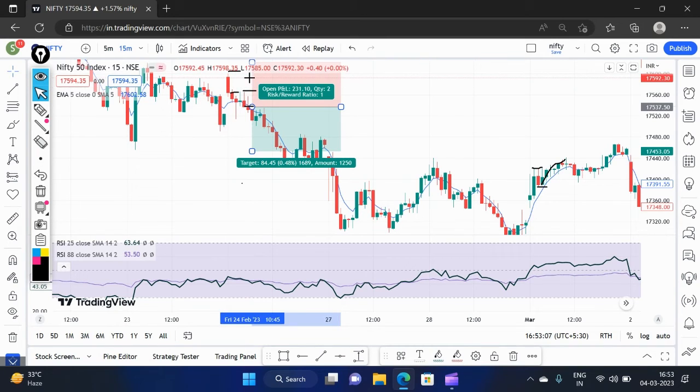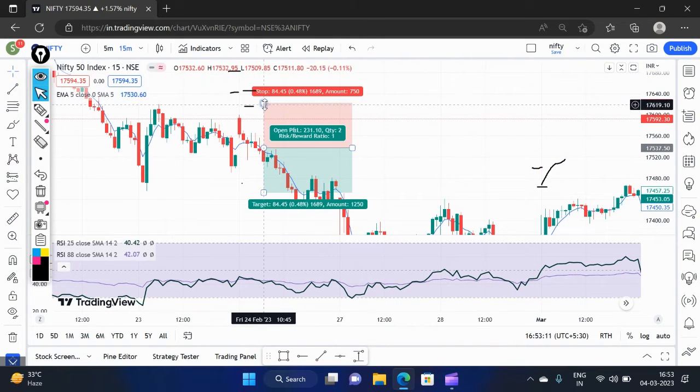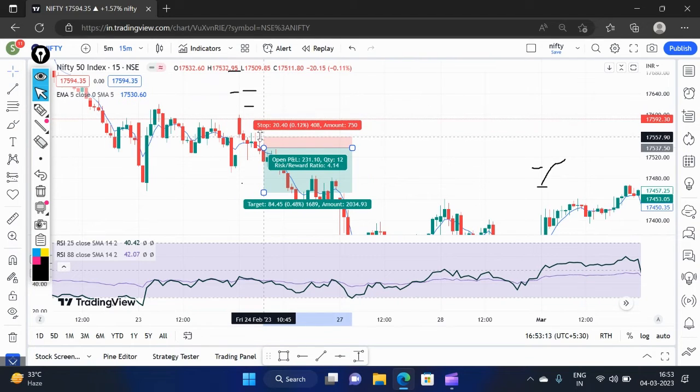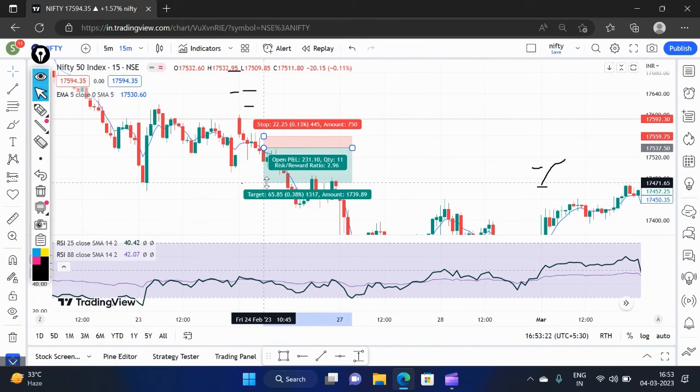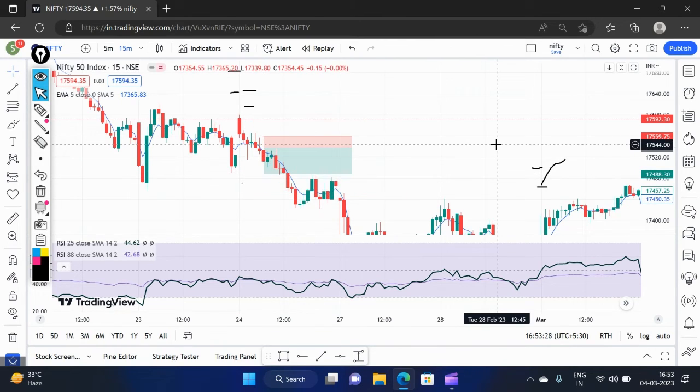Your stop loss is above the high of this candle, maybe 2 points more than that, and you go for a 1:2 risk reward ratio. So that'll be somewhere around here. You see, you could go for a 1:2 risk reward ratio.